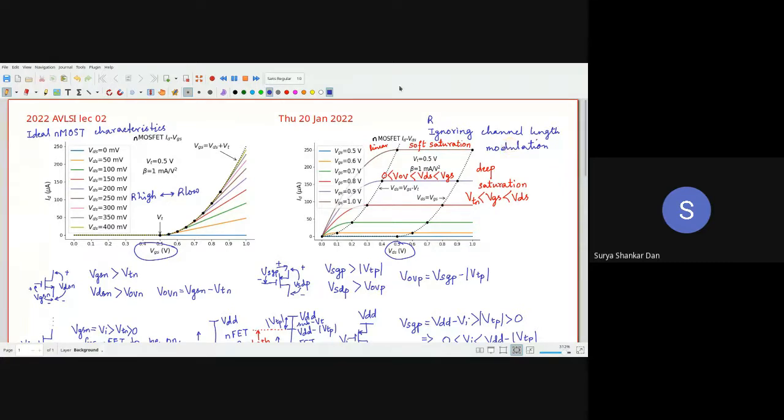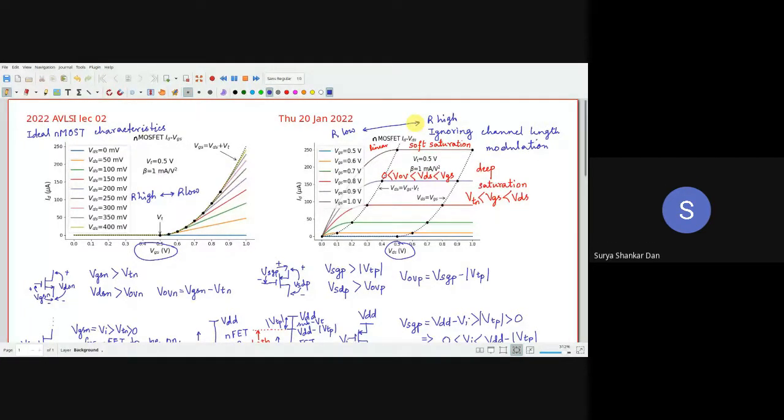As of now, just let's consider this is high and this is linear region, so that means R is low. So you are transferring the resistive state of this transistor from the high to low and vice versa.